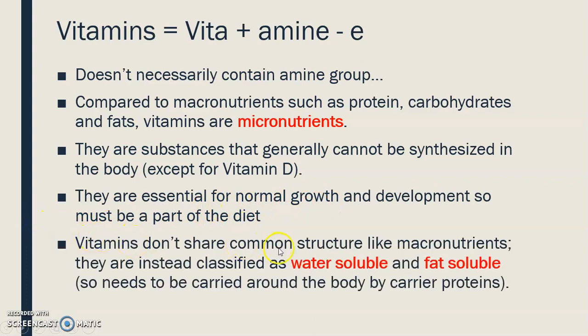Vitamins don't share a common structure like macronutrients. All proteins have common structures, as do carbohydrates and fats, but vitamins are all different. They are instead classified as water soluble and fat soluble. Sometimes when a vitamin is fat soluble, it needs to be carried around the body by carrier proteins.